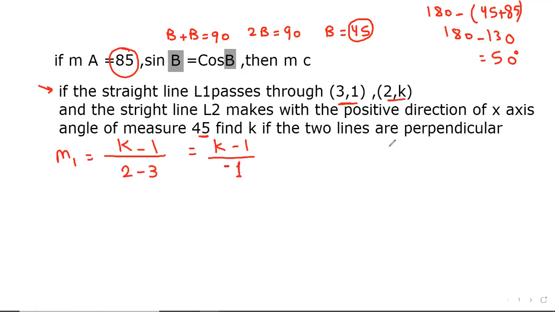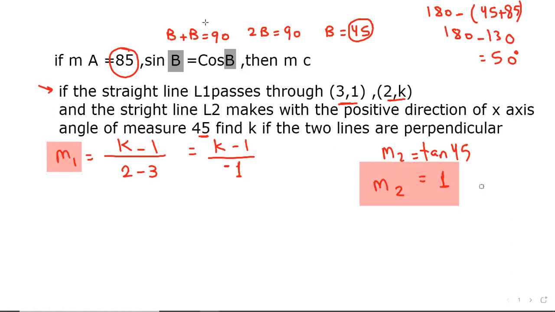And the second line makes an angle of size 45. So M2 equals tan 45. Tan 45 equals 1. Okay, so M2 equals 1. The two lines are perpendicular. That means M1 and M2, if we multiply them, you will get negative 1.